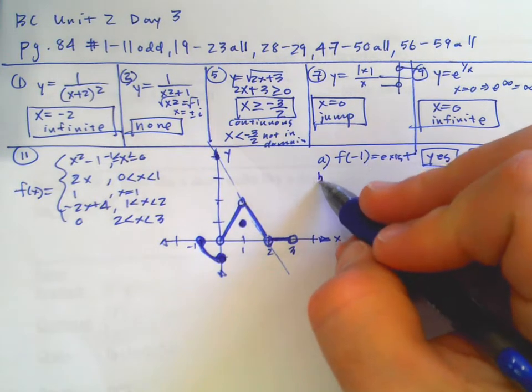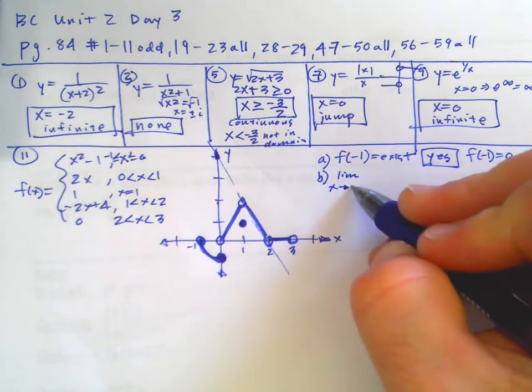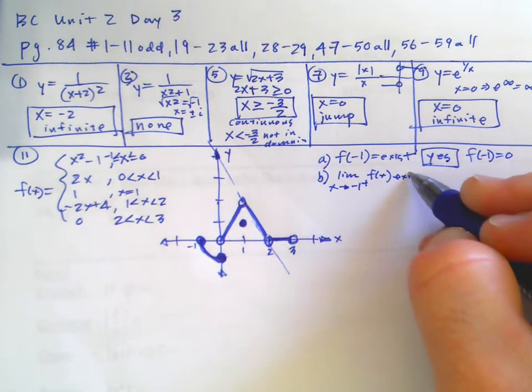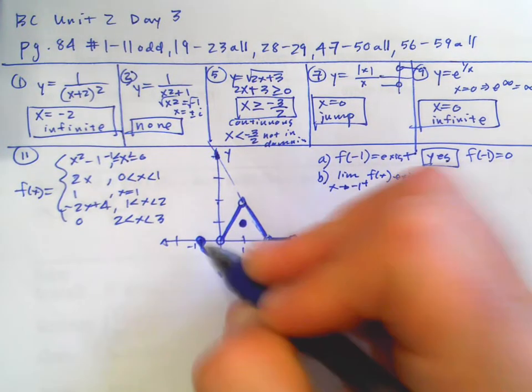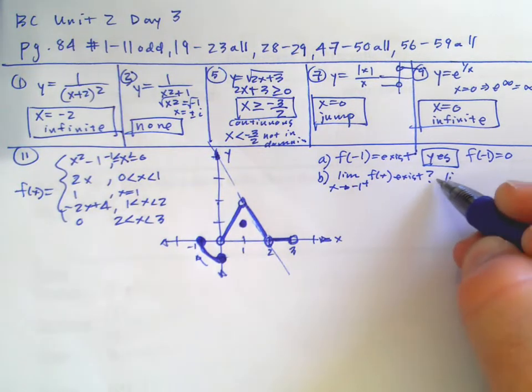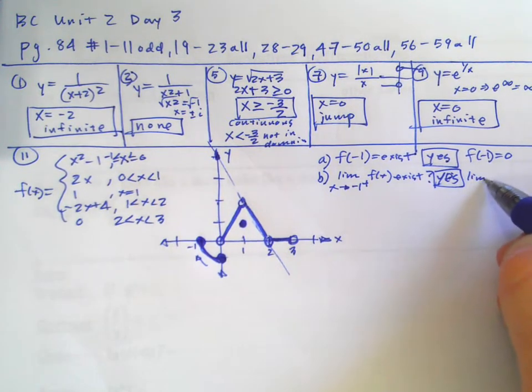Part B says, does the limit as x approaches -1 from the right side of f of x exist? From the right side, yes. From the left side, no. So the answer is yes, and we could support our answer by showing what it equals. From the right side, it equals 0.